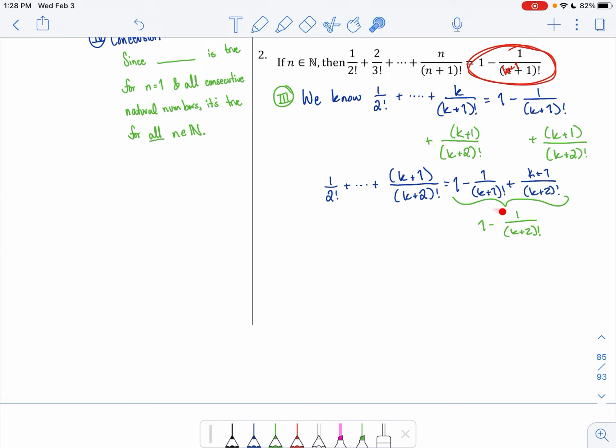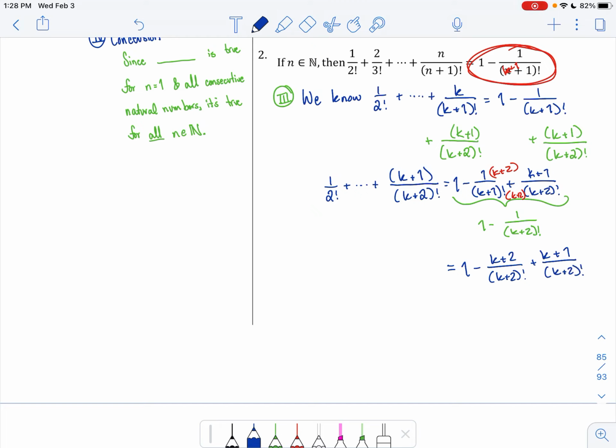Now if I have k plus 1 factorial in the denominator and k plus 2 factorial in the denominator, and I want a k plus 2 factorial denominator, I'm going to multiply this fraction by k plus 2. Because if I've got a factorial, I just need that next term since they're consecutive. So that gives me 1 minus k plus 2 over k plus 2 factorial plus k plus 1 over k plus 2 factorial.